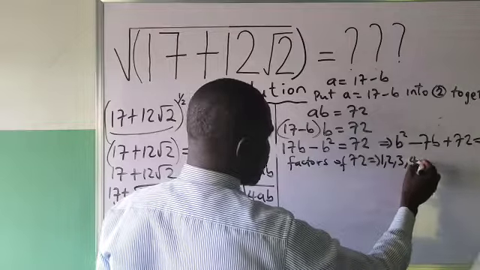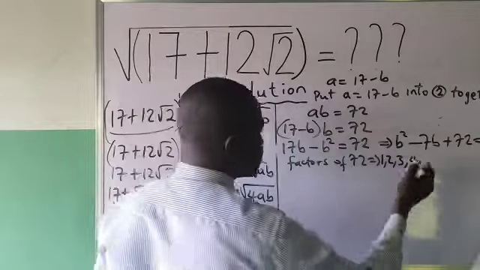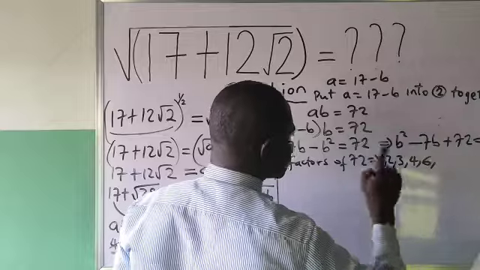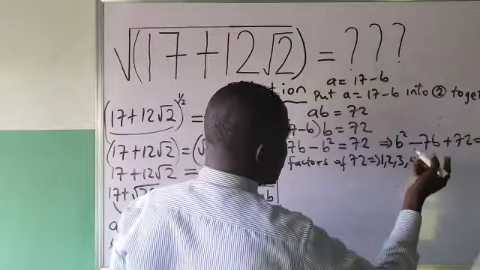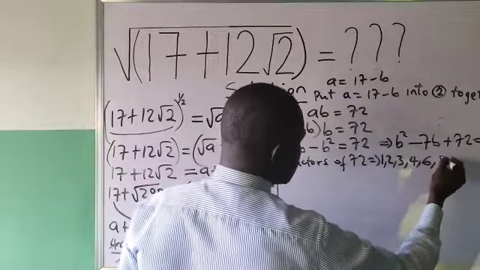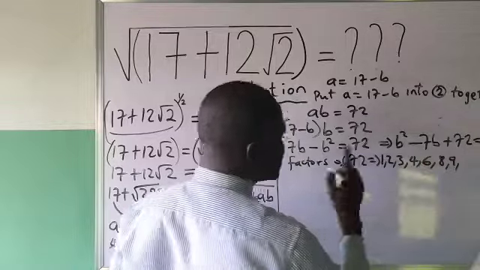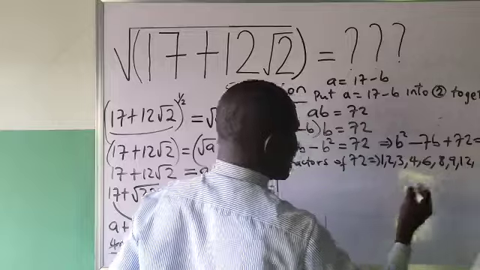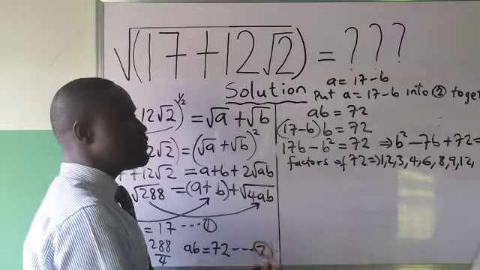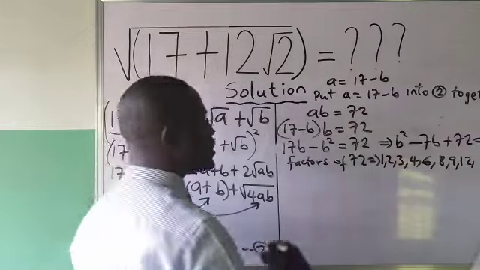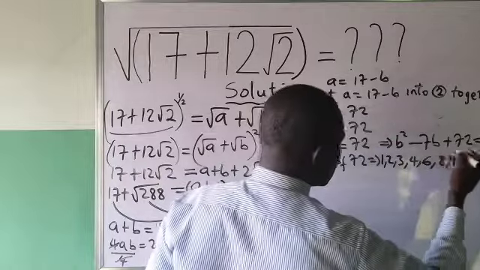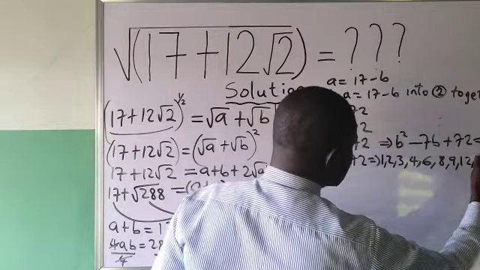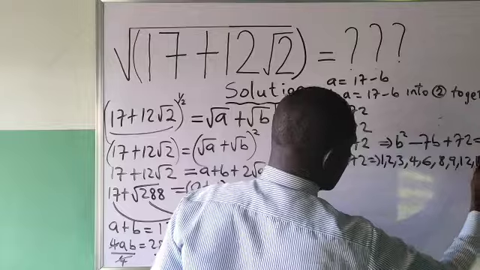Likewise 3, likewise 4. 5 cannot. 6 can do that. 7 cannot. 8 can do that. 9 can do that. 10 cannot. 11 cannot. 12 can do that. 13 cannot. 14, 15, 16, 17, 18 times 4, and so on.